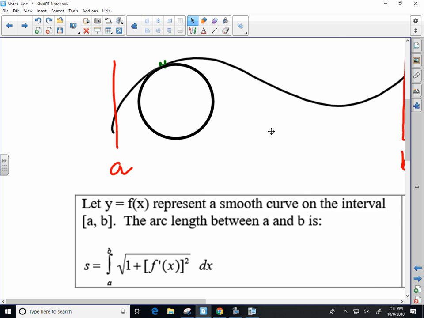That circle has a radius. If you have the radius of a circle, there are a lot of things you can do. You could find s equals r theta. You could find arc lengths.